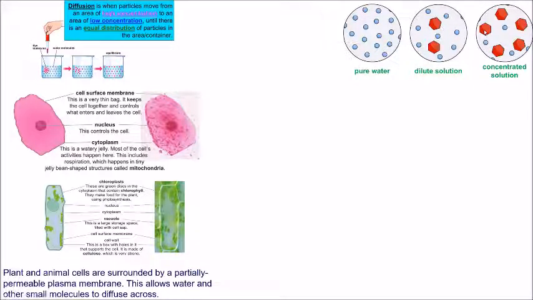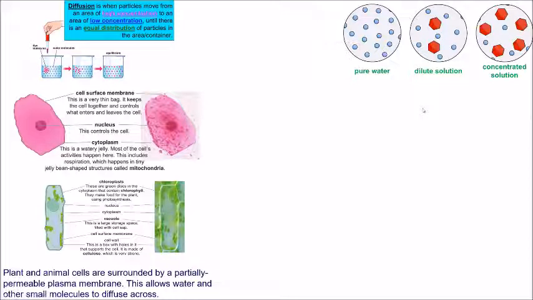Okay, so it could be sugar, it could be salt, it could be oxygen, it could be glucose, it could be any different chemical that's dissolved in the water. The little blue dots represent water. So if it's pure water, it's all blue, there's nothing dissolved in it. If you've got a dilute solution, then you've got a few of the red ones but lots of water, and then in a concentrated solution you haven't got very much water at all, you've got more of your chemical.